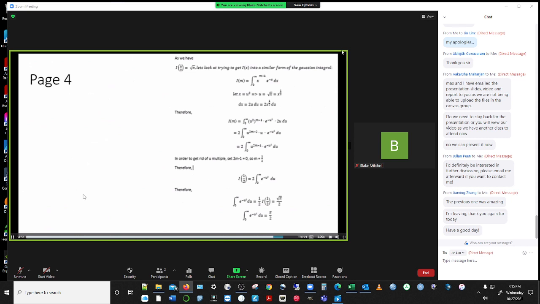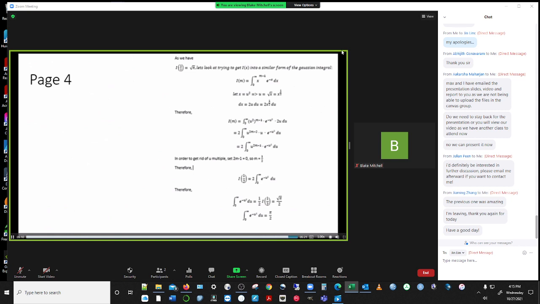Now in order to get rid of the u multiple, we set 2m minus 1 equals 0, so m equals half. Following this, we get I of half equals 2 integral between 0 and infinity with function e to the power of minus u squared du.